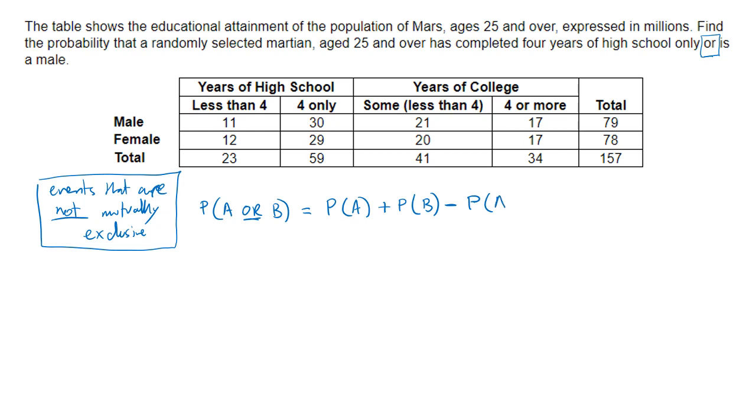So we have to take away the ones that overlap between event A and B, so that way we don't double count them. And that's these 30 million right here. Those are the ones that we have to subtract.